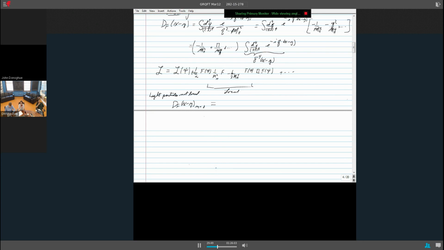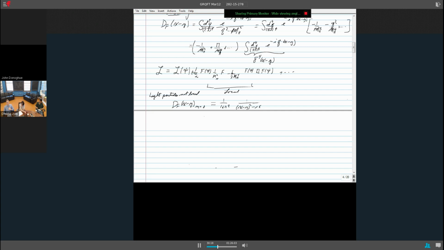And just the usual caveat here is that at low energy, massless particles are not able to be made local. If you had the same thing, df of x minus y, with m equals 0, you can actually do the integral.